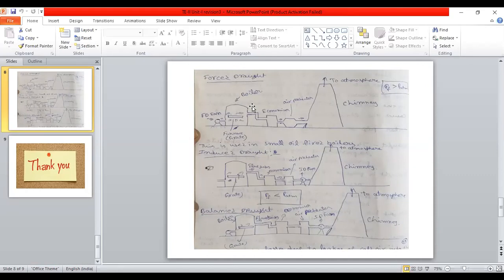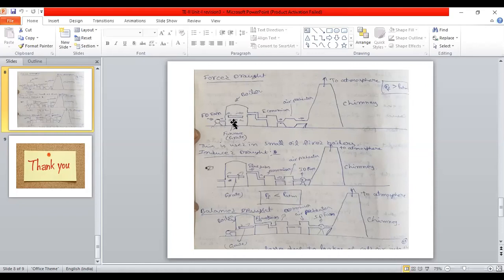First one, forced draught. The first figure shows the forced draught, the second figure induced draught, and the third balanced draught. In the comparison, the only difference is where we are fixing the fan. Why are we fixing the fan? For complete combustion of the fuel, we are supplying sufficient air.